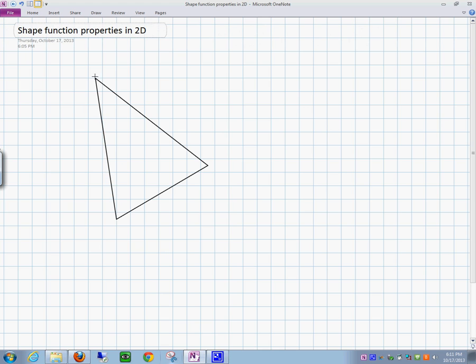So let's say this is a triangular finite element, not necessarily both sides the same.